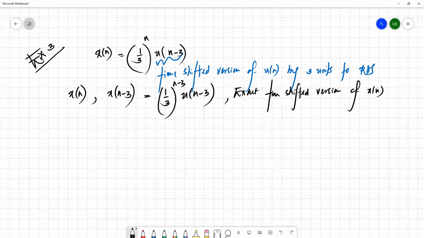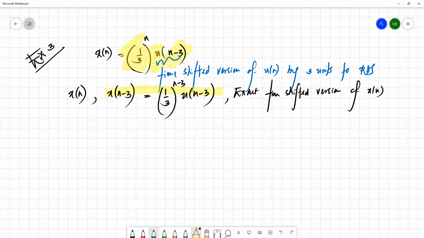We are asked to evaluate the Fourier transform of this. Here you have 1 over 3 to the power n, so the exact time shifted version has 1 over 3 to the power n minus 3.